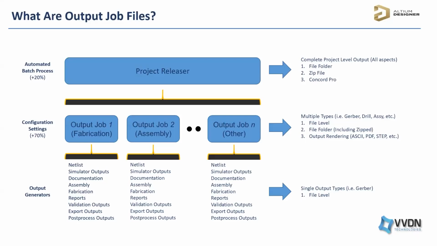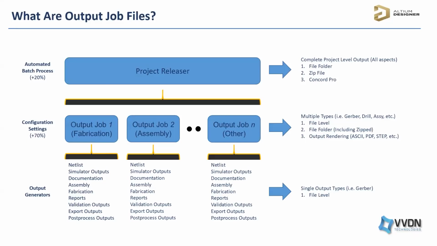We can even configure our output job file for fabrication purposes. Here you can see those things we can list under fabrication outputs. Then for assembly outputs we can create a number of output files.